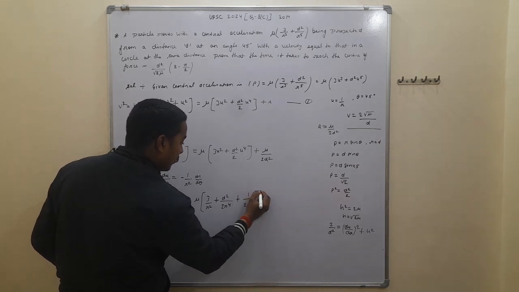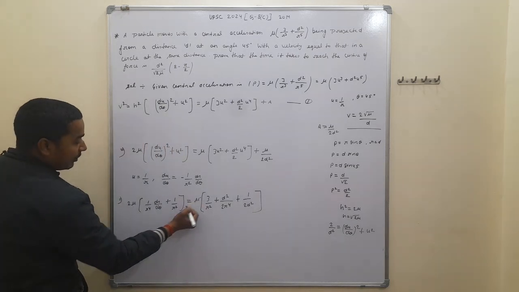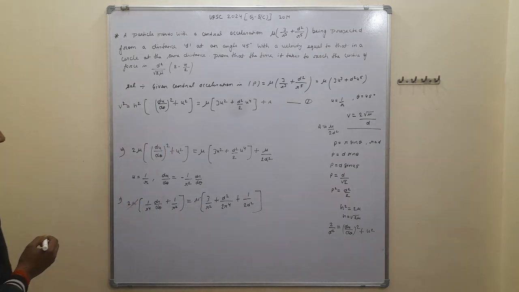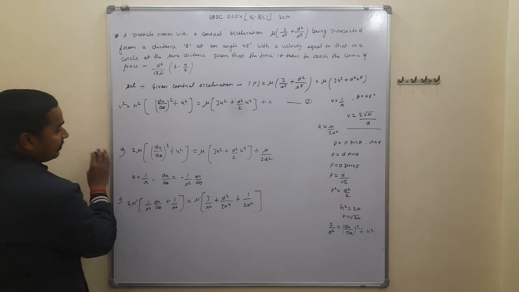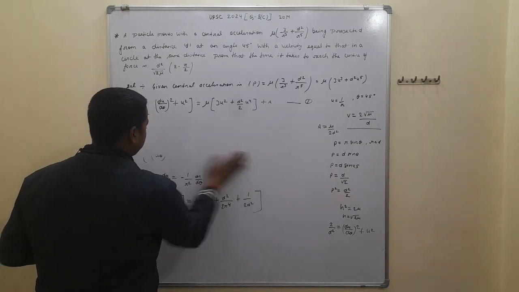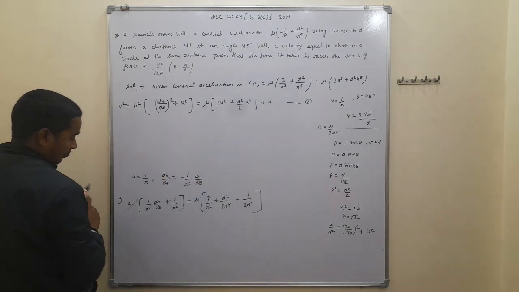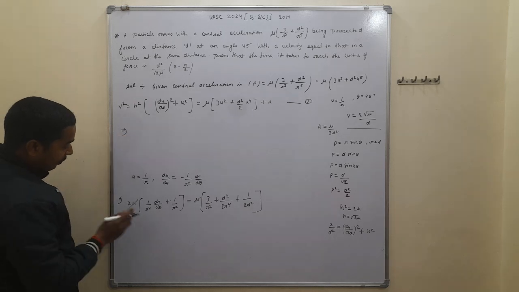From here mu and mu cancel out, and further once again mu and mu cancel out.